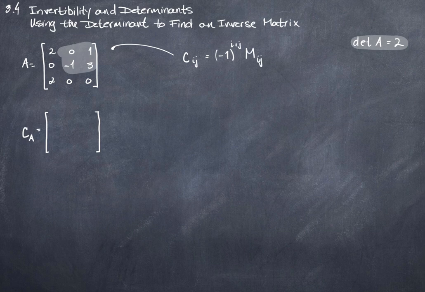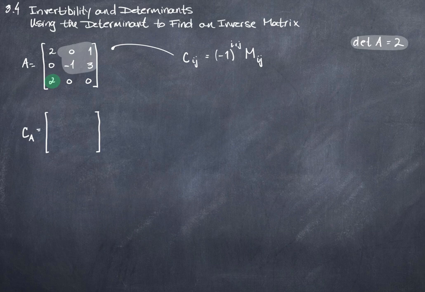And the minor was that subdeterminant. So let's find the cofactor for 2, because that way I can help to distinguish the finding of the cofactor for an entry in a matrix from finding the determinant of a matrix.